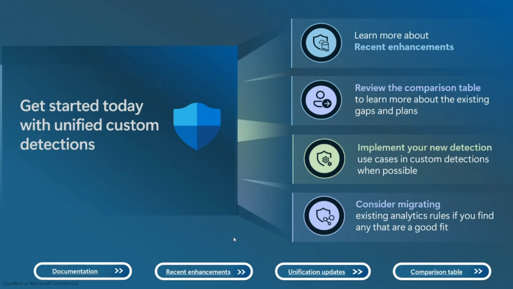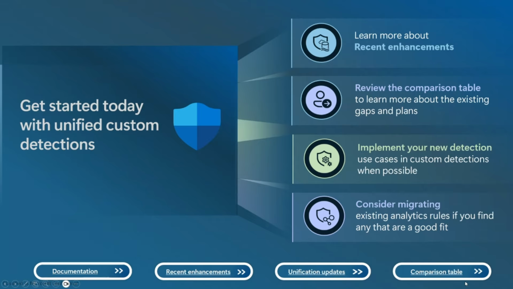And how do you know what capabilities are supported, and if not, whether they will be supported in the future? That's where the comparison table will help you. The screenshot that you saw earlier from Noah, there's a link over here. You'll be able to visit and review it.